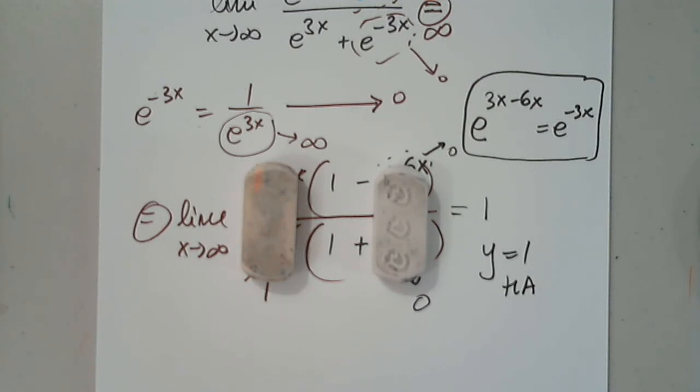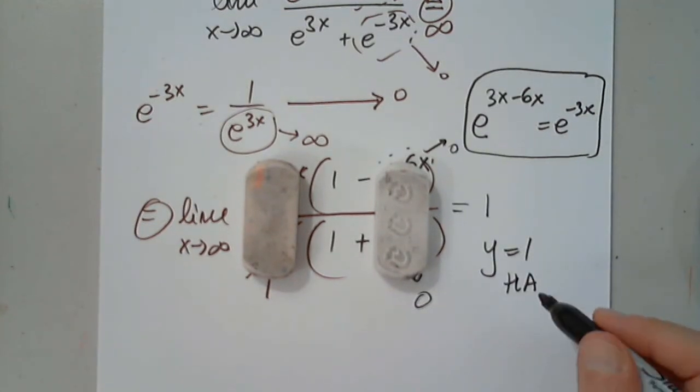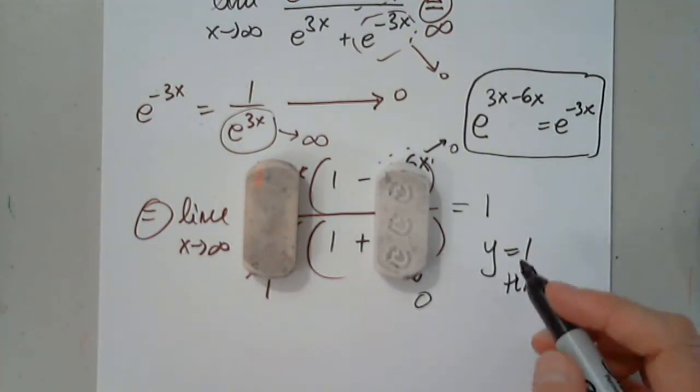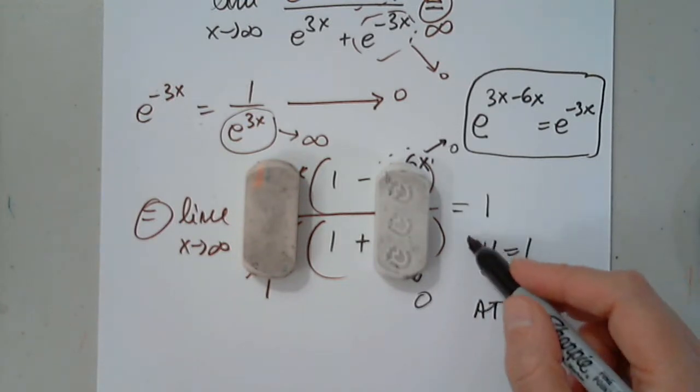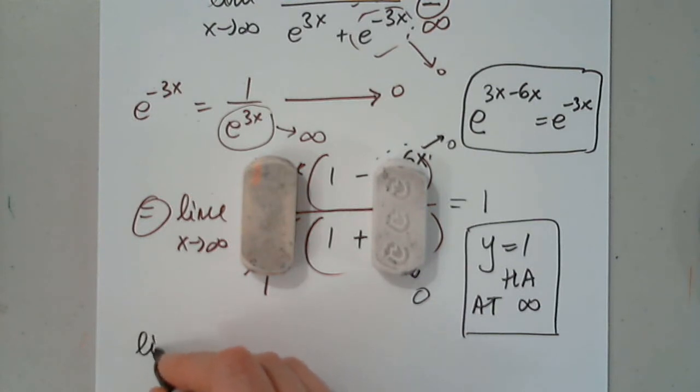I'm thinking what will happen with negative infinity. To be on the safe side, I have to investigate for such a function. Y equals 1 is a horizontal asymptote at infinity.